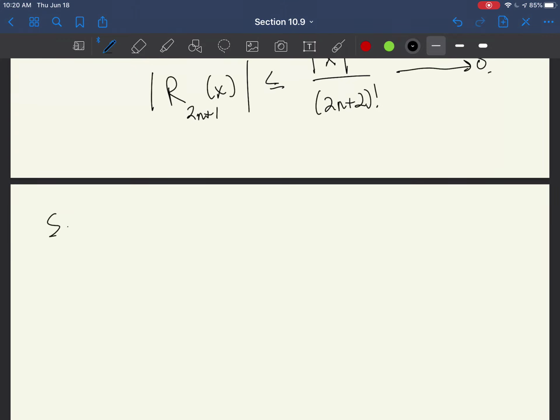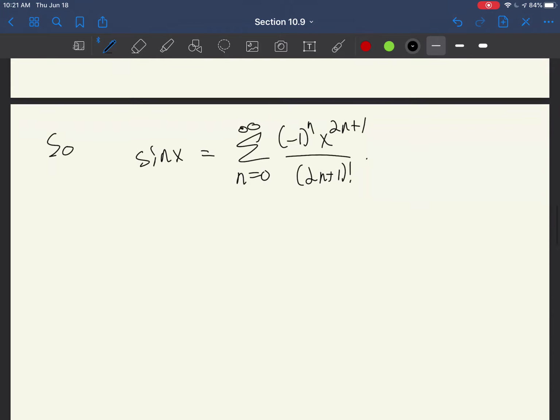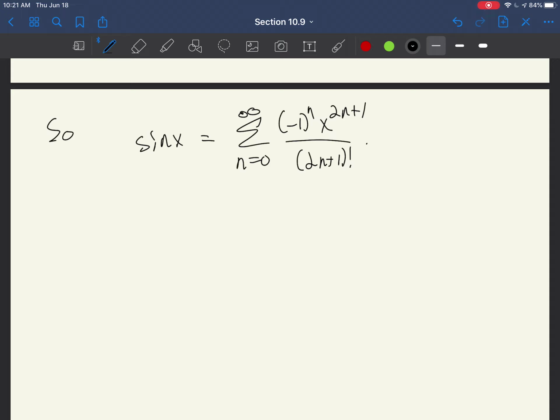And this goes to 0 as n goes to infinity. So sine x equals the sum from n equals 0 to infinity of negative 1 to the n, x to the 2n plus 1, over 2n plus 1 factorial. In other words, this power series converges to sine x.